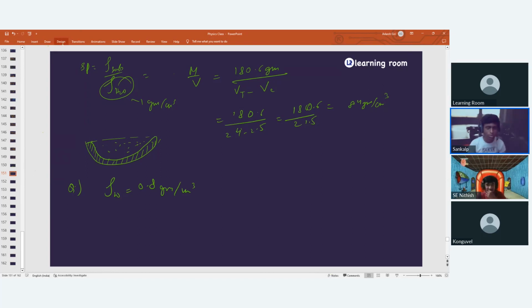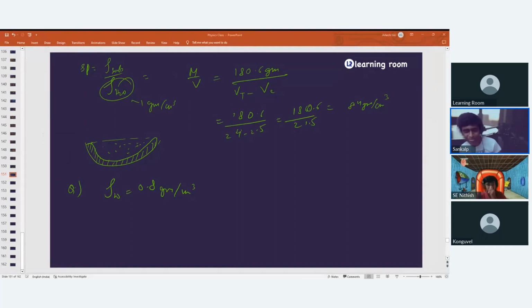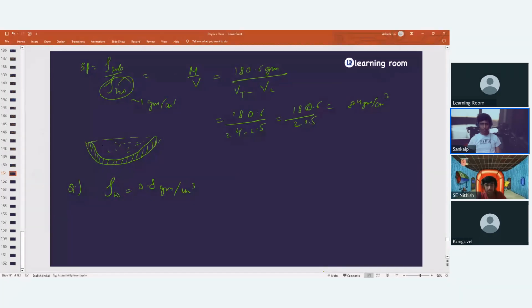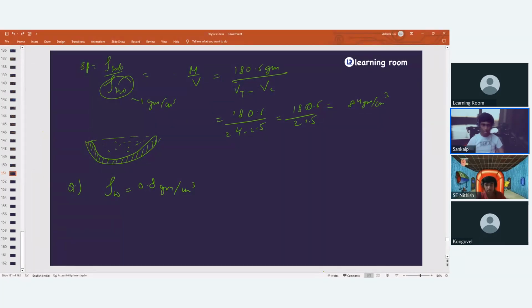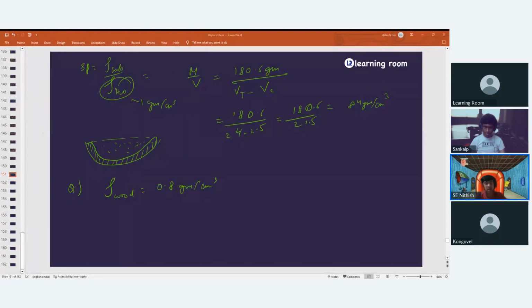Sir, row of wood. W is wood. Sir, we are supposed to use row of submerged by row of water. Wood, what else is given? Tell me. Sir, I think it's option B, sir.